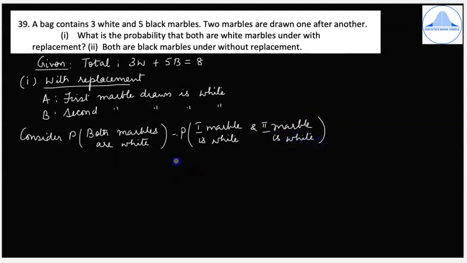So which is equal to probability first marble is white is event A and means intersection. Second marble is white is event B.